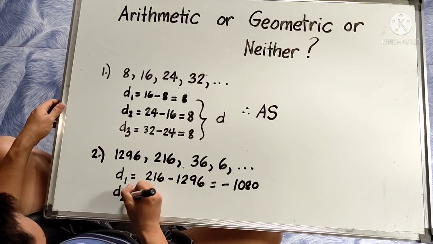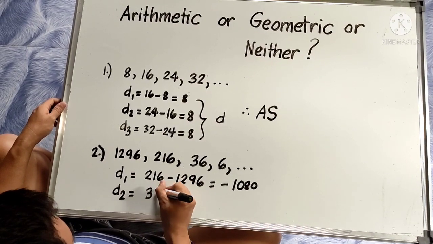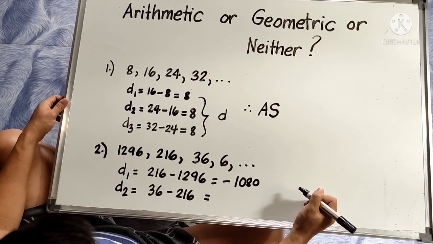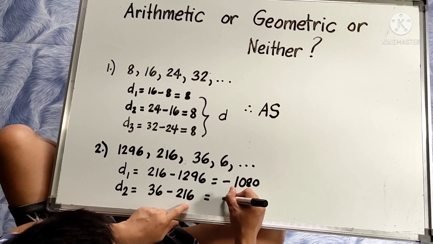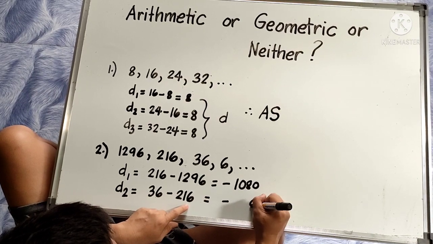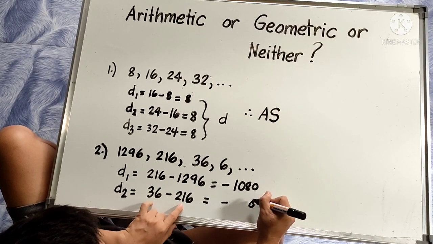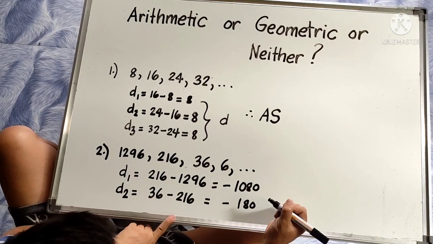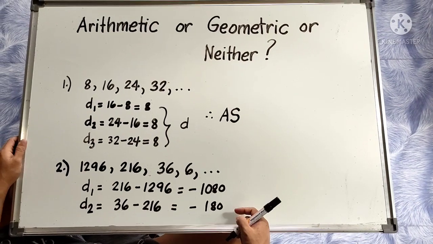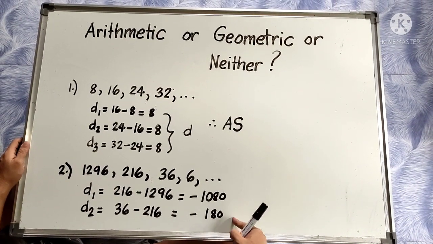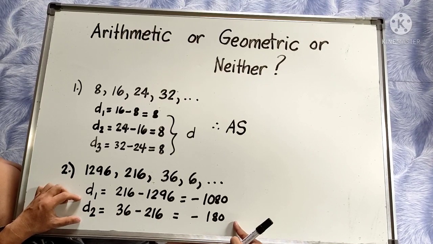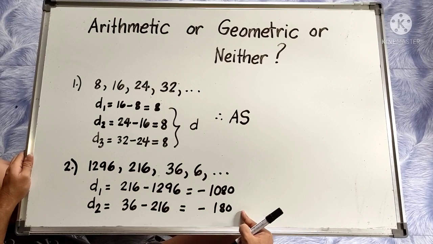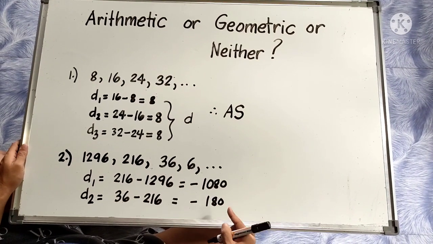Then the second difference is 36 minus 216, which equals negative 180. Okay, you have negative 180. Obviously, the differences are not the same. So you may not continue to the third difference because it is obviously not an arithmetic sequence.